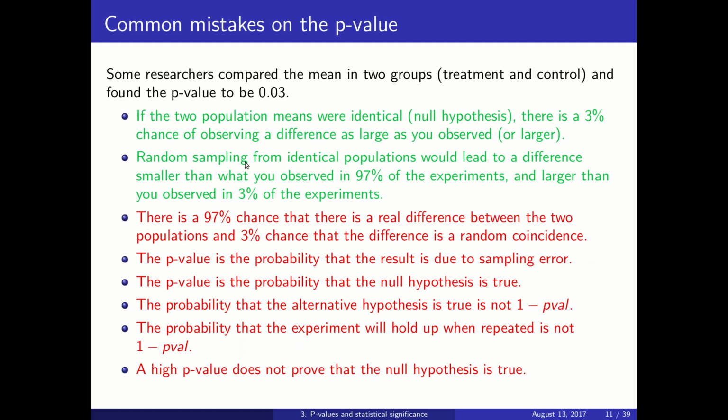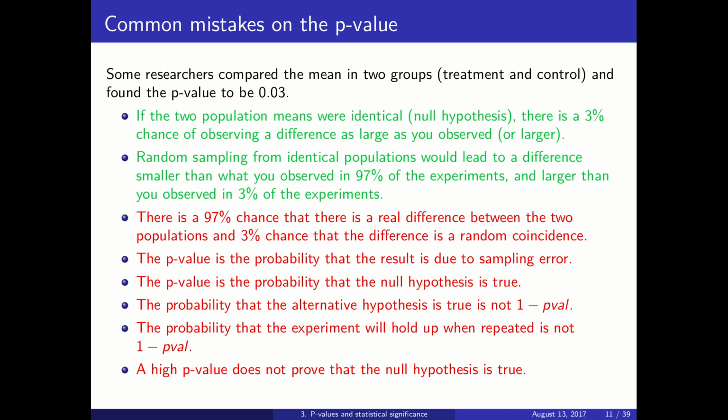So how to interpret the p-value? We have computed the p-value for the comparison of the mean in two groups, and the p-value is 0.03. What does it mean? It means that if the two population means were identical, that is the null hypothesis, there is a 3% chance of observing a difference as large as the one you have observed or larger, as extreme as the one we have observed.